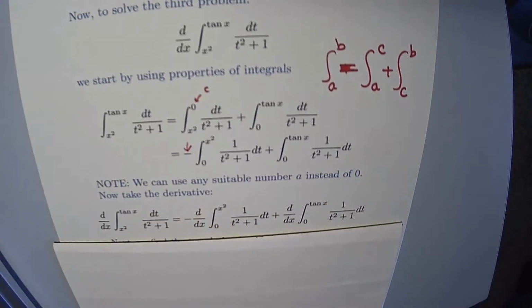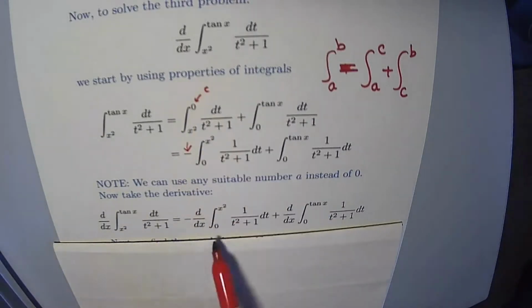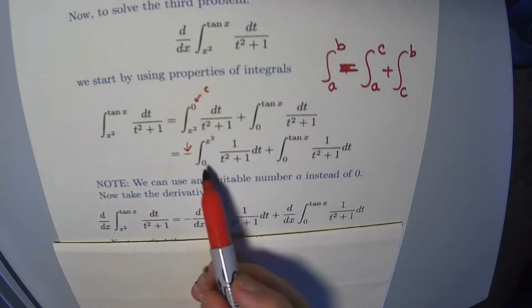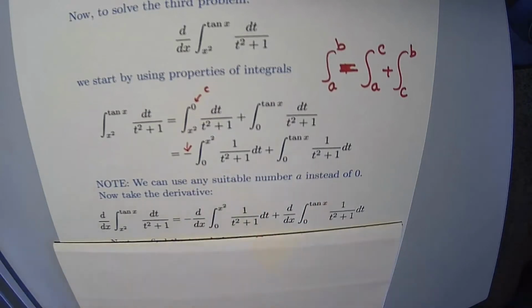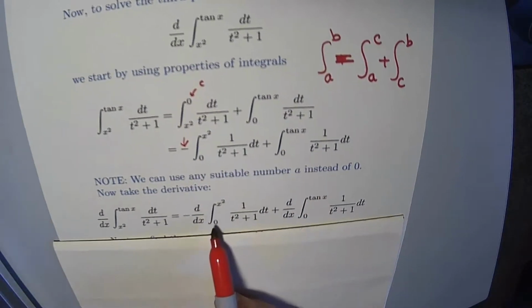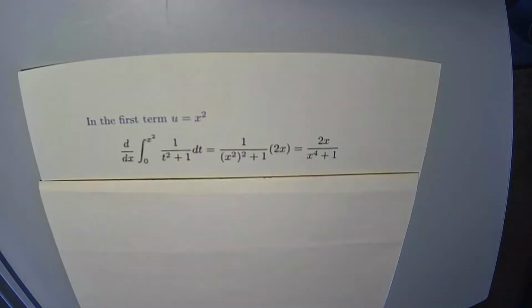If we take the derivative, now we are back to the original problem. The derivative of the first integral plus the derivative of the second integral, and next we will figure out each of these two derivatives.